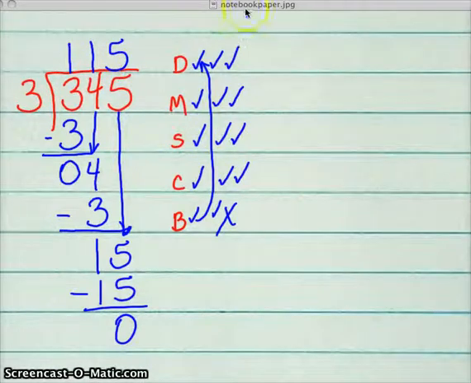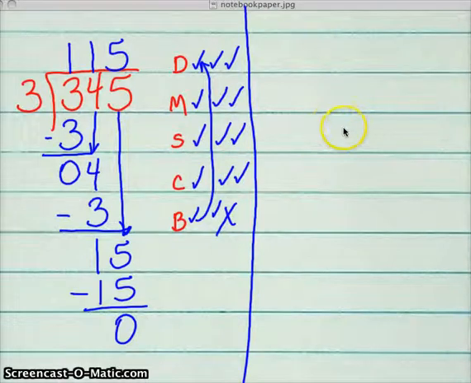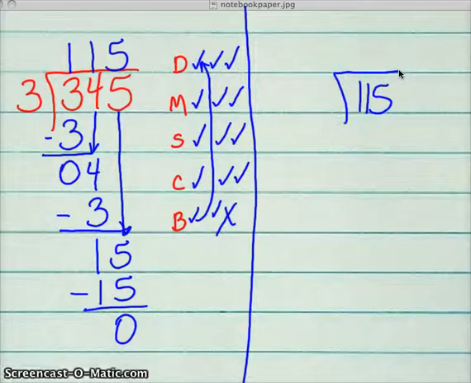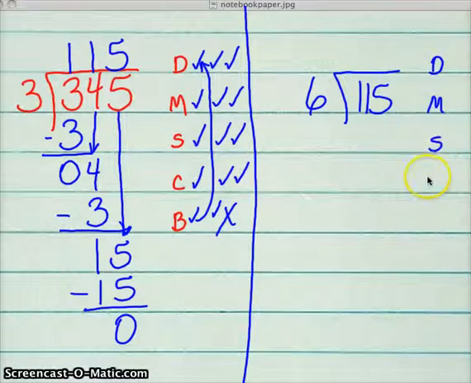Now, what if we have a problem like 115 divided by 6? Okay, we're still going to follow the same exact steps. Does McDonald's sell cheeseburgers?